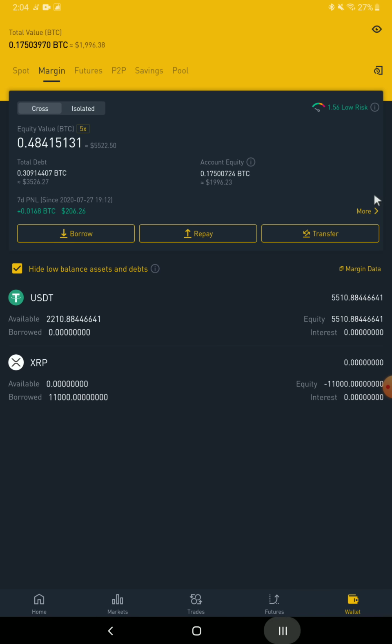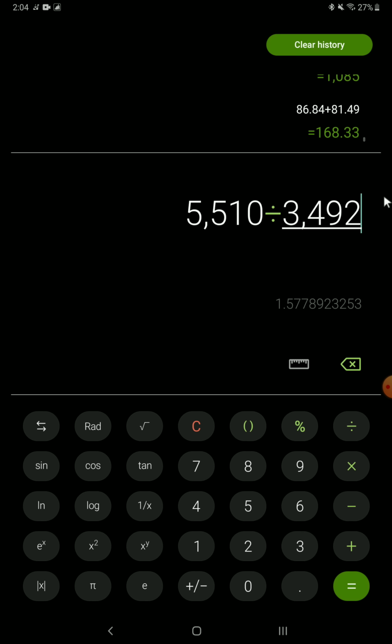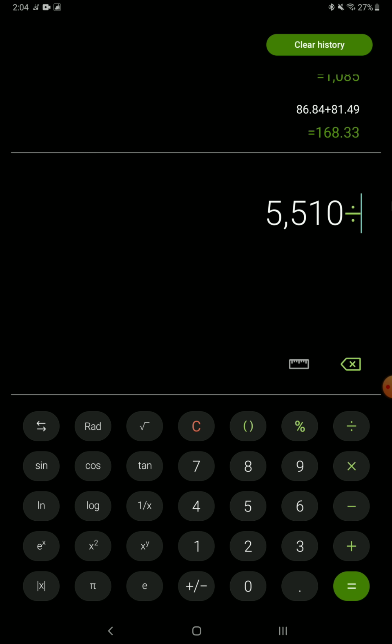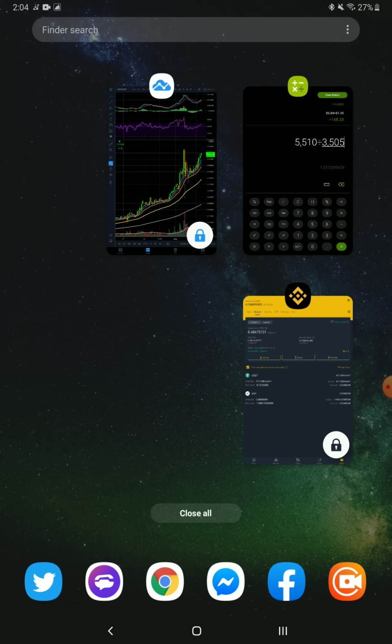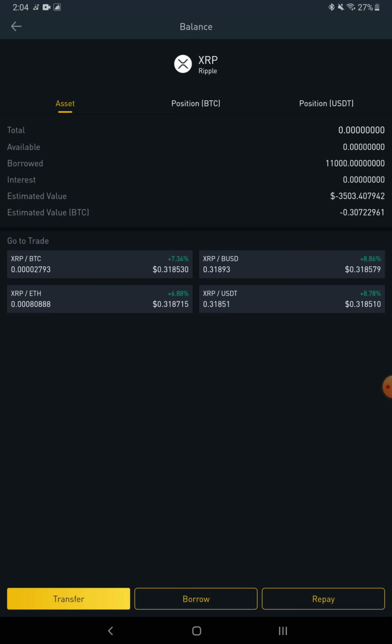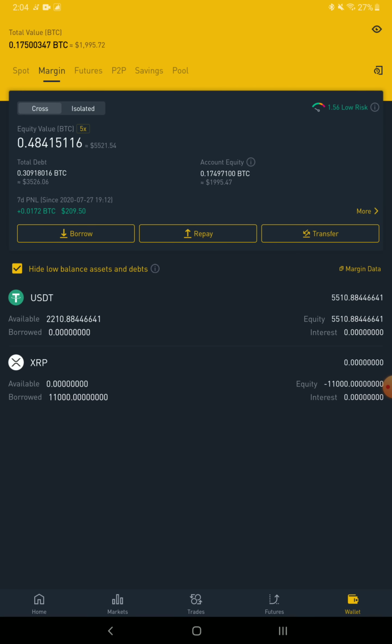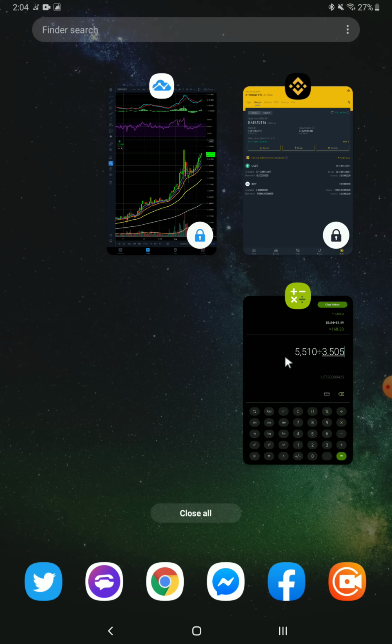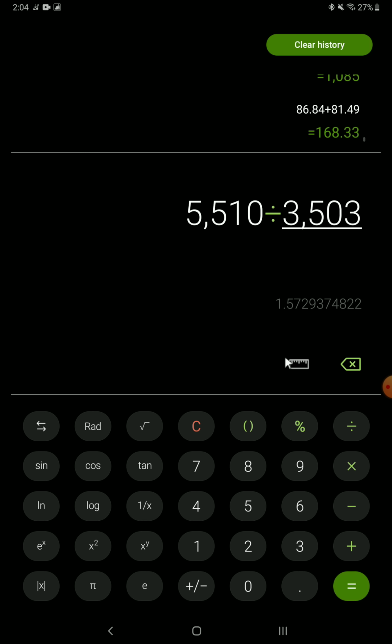Now let's take 5510 divided by 3505. My number here is about 1.57. Clearly I did something wrong, so this number's not adding up. With 3503 it would have brought it down. So they're rounding it down in a weird way. It's about 1.57.